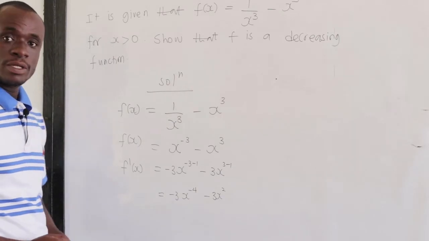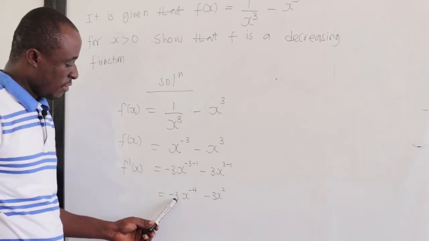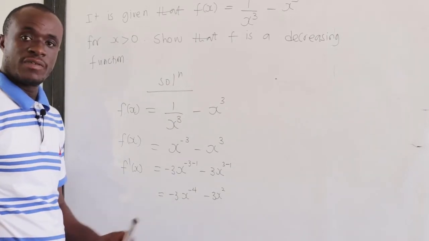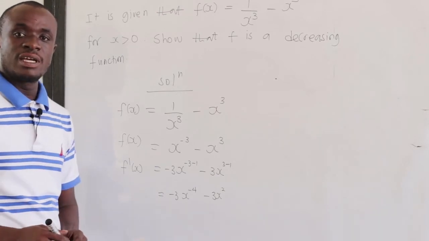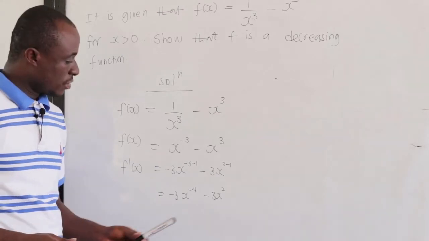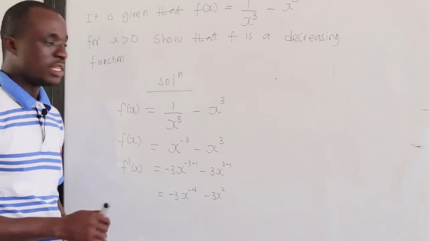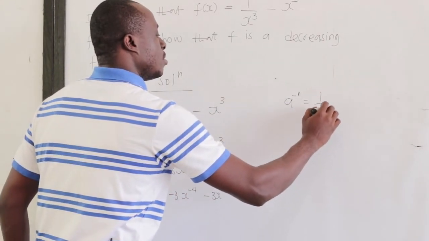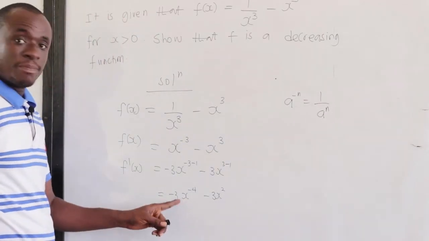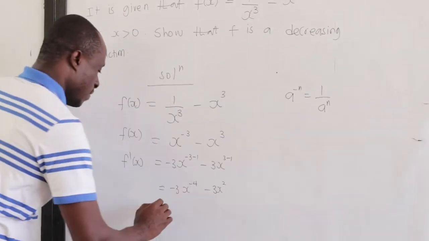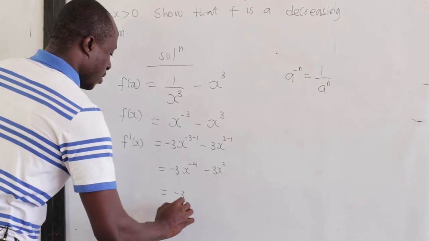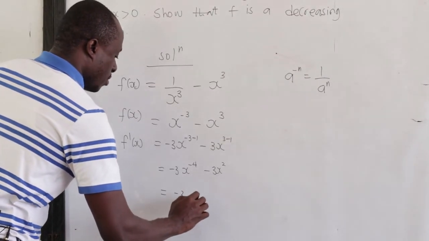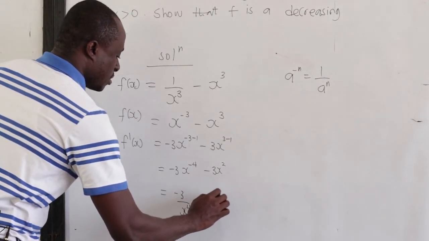Now from here, what is common? We can see that we have negative 3 here. We also have negative 3 here. So we can factorize the negative 3 out. And then also we have x to the power negative 4. We know if you have a to the power negative n, it is equal to 1 over aⁿ. So we would apply this property over here. So we have -3/x⁴ - 3x².